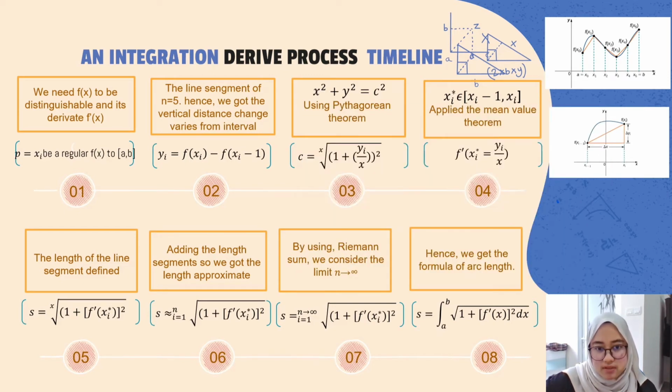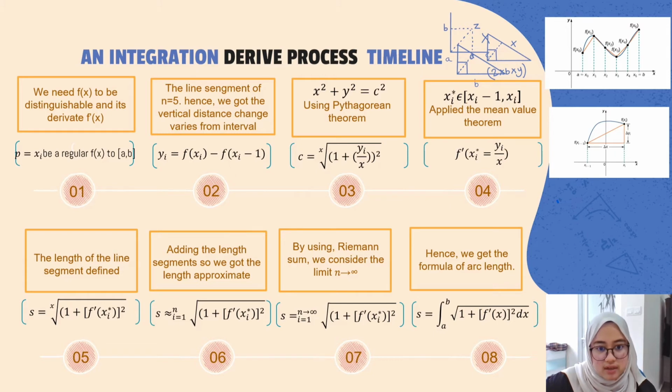Next, by using the Pythagoras theorem, Δx² plus Δy² equal to c² is the length of the line segment. It can also be written as Δx times the square root of 1 plus (Δy_i over Δx) squared. Now, by means of the mean value theorem, there exists x_i* in the interval [x_{i-1}, x_i] such that f'(x_i*) equals Δy_i over Δx.